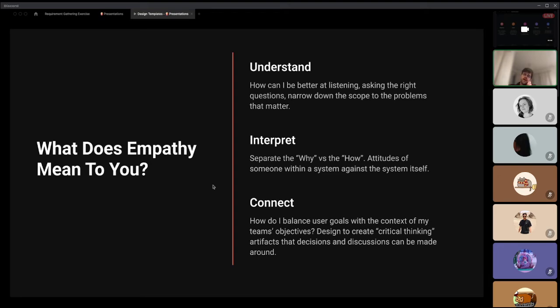There are three parts to that, which is how you understand. So, how can I be a better listener and ask the right kind of questions for people? Again, I said narrowing down to the problems that matter. Interpreting, so saying what's the why versus the how. So, a lot of UX designers who are just starting out, they'll interview participants and they'll look for what we call low hanging fruit, which are simple things with simple answers.